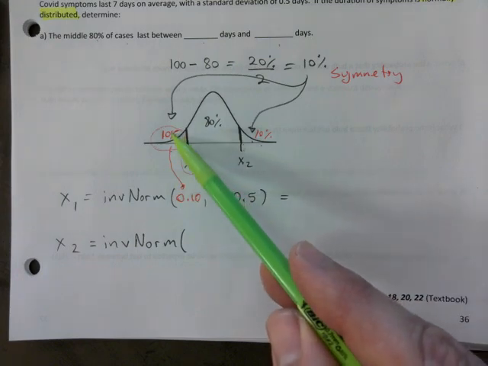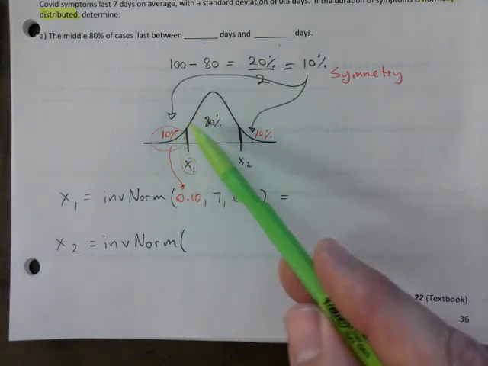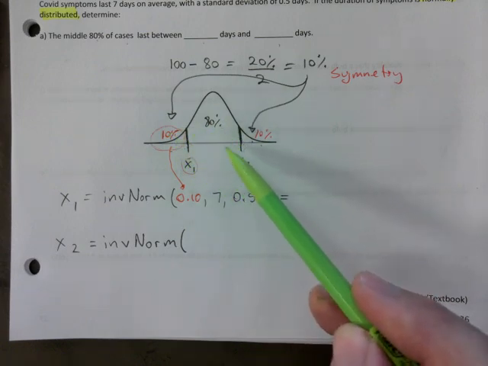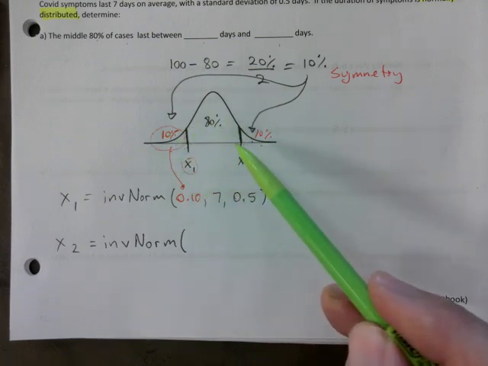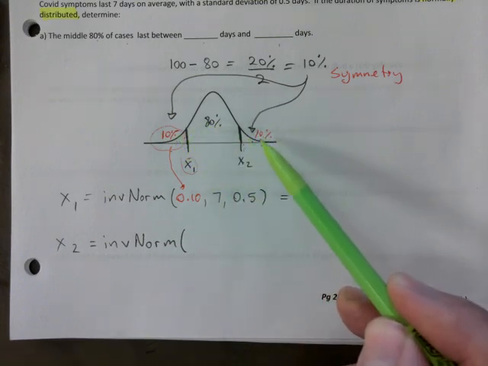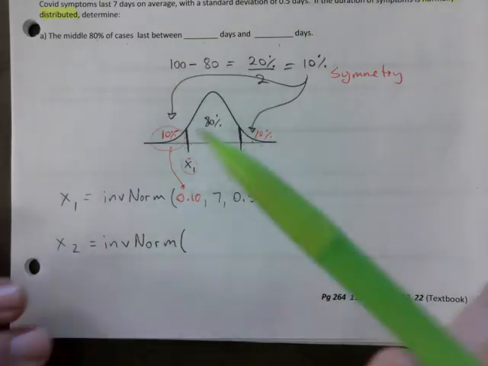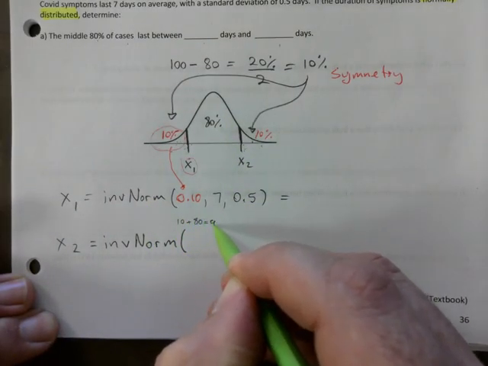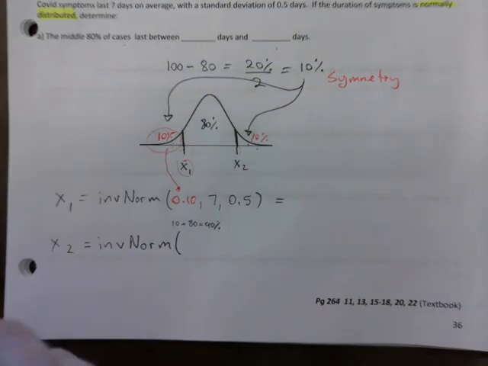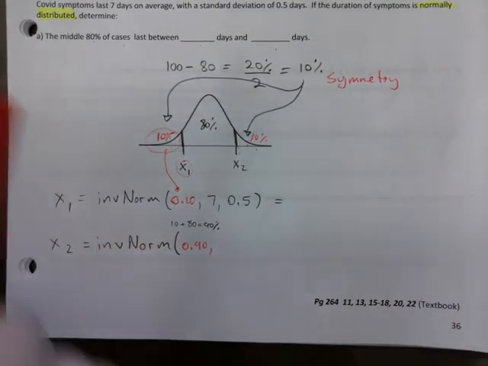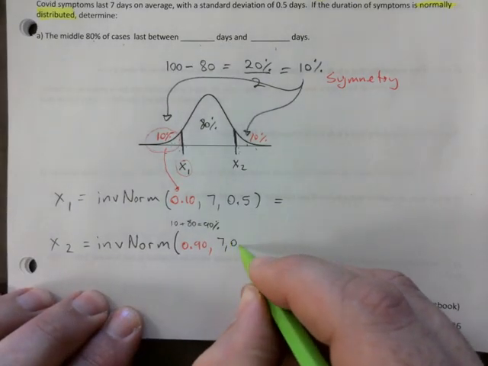It's 10% and another 80%, right? It's 90% to get me to here. I know that 90% are below, either by just adding or by taking the 10% away from 100. You get it either way. So this is 10 plus 80. That's 90%. So I go 0.9 here, and then 7, 0.5.